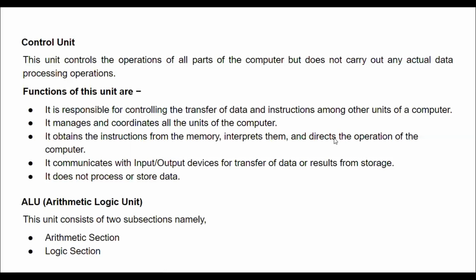Examples of the arithmetic operations are addition, subtraction, multiplication, and division. Whereas logical operations are comparisons of values such as not, and, or. Those are the examples of the logical operations. The ALU consists of two subsections, again, the arithmetic section and the logical section.